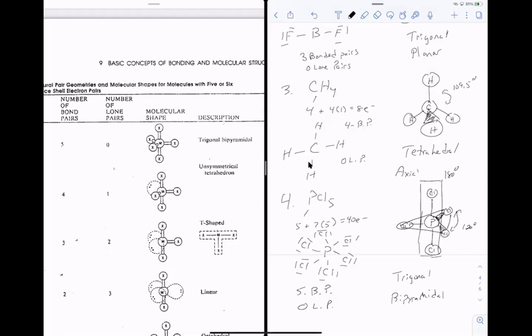And again, as I mentioned, these are all in one plane. Equatorial.